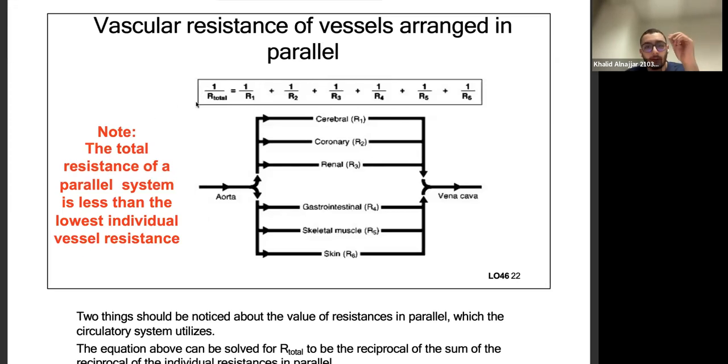And why is this important before explaining the math of it? It's because the total resistance of the parallel system is less than the lowest individual vessel resistance. This explains why, if you change the resistance in one of the capillaries, you won't change the whole resistance of the capillary system.